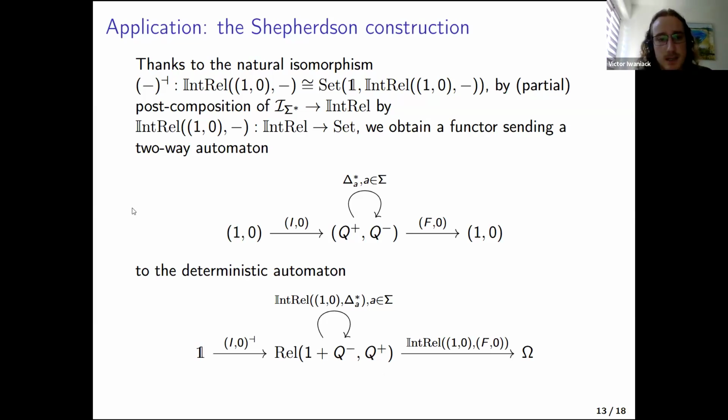So we have a functor that goes from a category of two-way automata to a category of one-way complete deterministic automata. And this is called the Shepherdson construction because it looks like the same, but Shepherdson did it with deterministic non-complete automata, but it's the same.